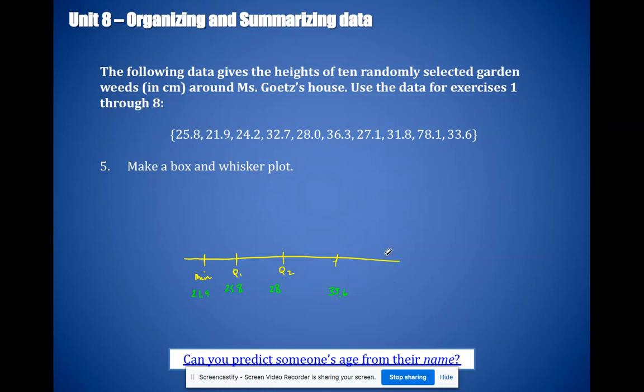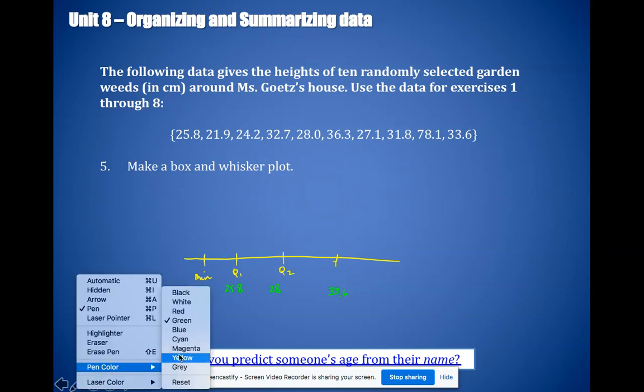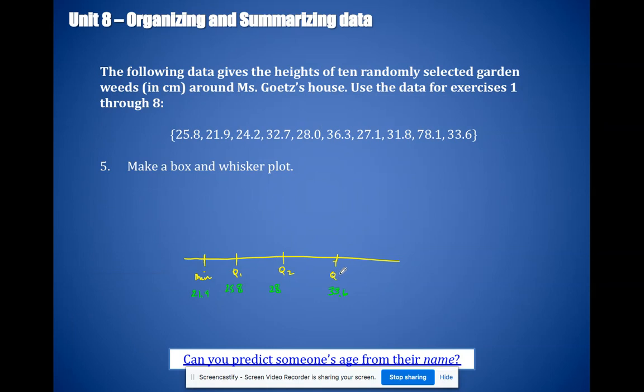Hopefully I do expect that you could get these values on your calculator. If you were doing them by hand, that is fine too. But you can just use the one variable stats piece of your calculator, and it gives you Q1, the median, the mean, Q3. Hopefully you can see the min and max.